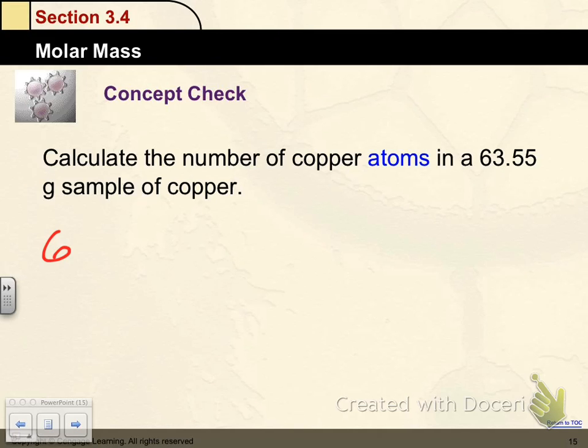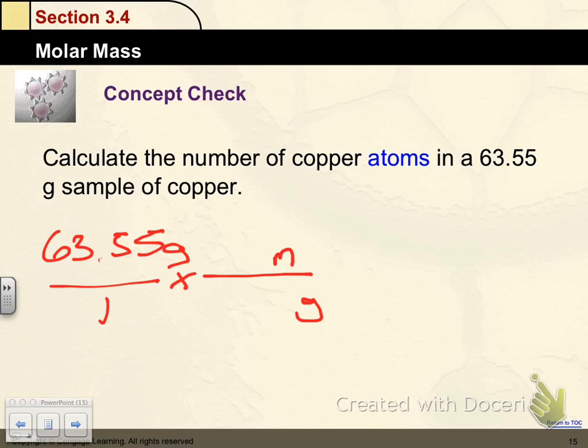Start with the number given, 63.55 grams over 1. We want grams to go away, so that's going to end up on the bottom. We said that moles is our intermediate, so let's put that on top. Now what should that number be? Well, that should be the molar mass for copper, and that is 63.55 grams in 1 mole.